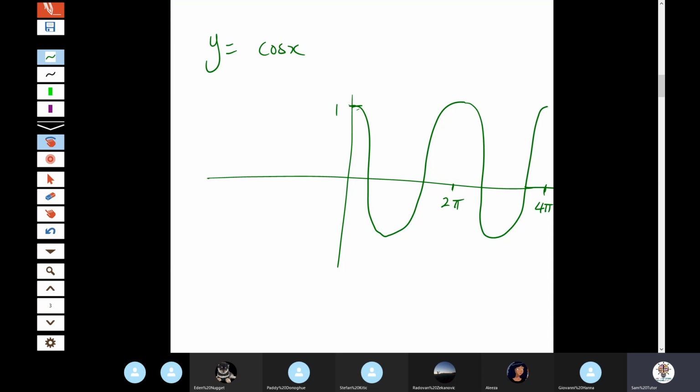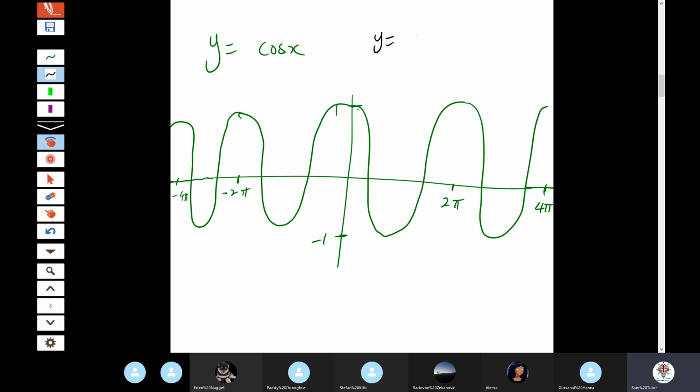And then I'm going to do it to the left as well. Again, that will become 2 pi, and then the last one is, sorry, -4 pi and -2 pi. Do we agree with this? Perfect. That's what I like to see. And we know that it goes up to 1, goes down to -1. Remember, they go on forever.